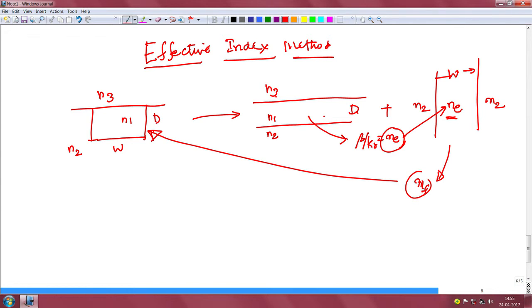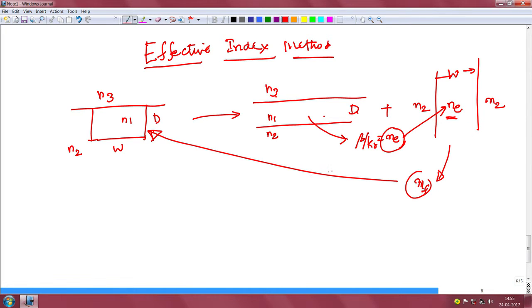So, we can prove this by substituting the operations in the 2D scalar wave equation and then reducing the wave equation for the mode field expression in terms of only one dimension.